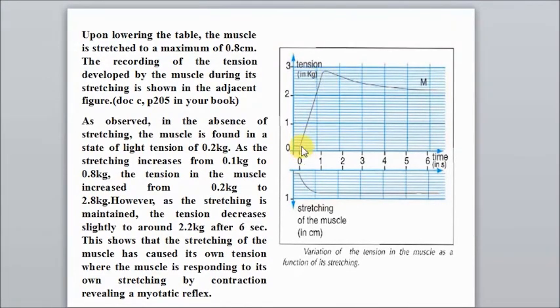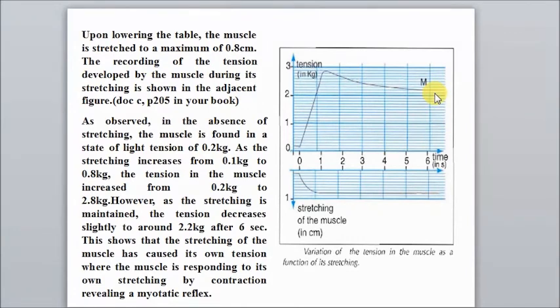It increased from 0.2 kilogram to 2.8 kilogram. Now, the stretching was maintained. However, as you would observe here, as the stretching was maintained, the tension decreases slightly to around 2.2 kilogram after 6 seconds.